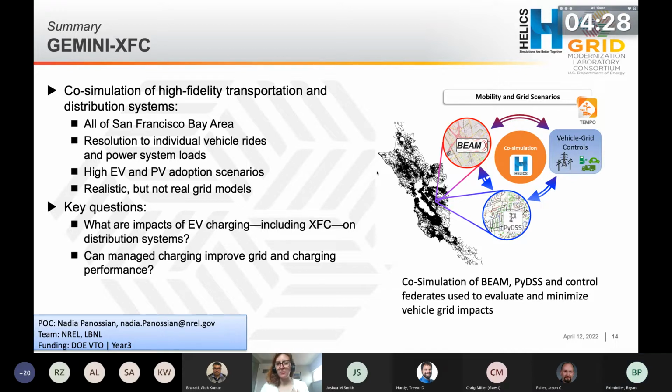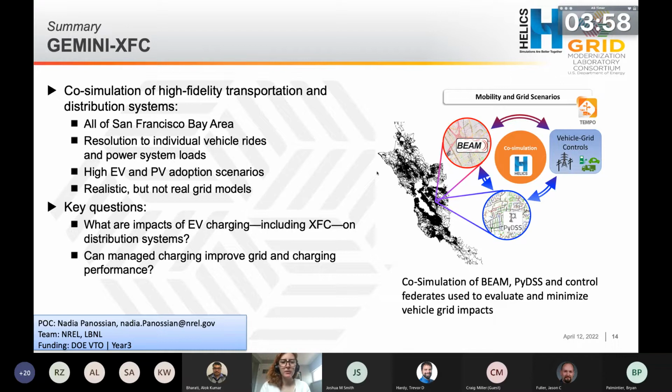Not only can you reconfigure your inverter controls, but it improves the convergence time for those types of systems. And then we're using Helix to co-simulate that with Beam, which is a Berkeley Lab tool for transportation simulation. It simulates vehicles across the Bay Area down to the individual vehicle level, and where they're charging and where their destinations are.